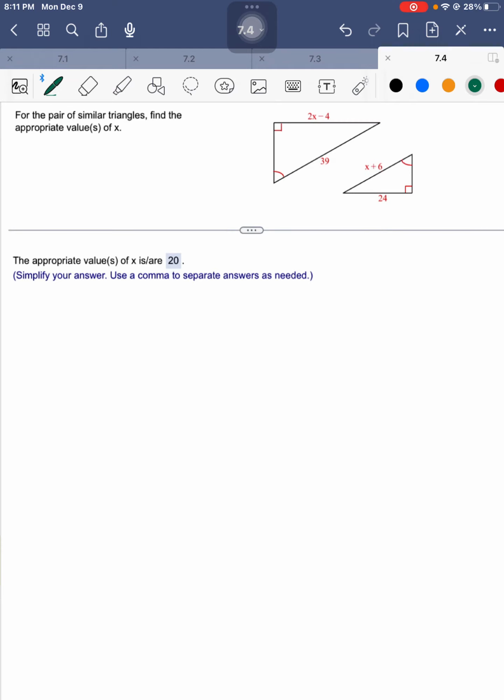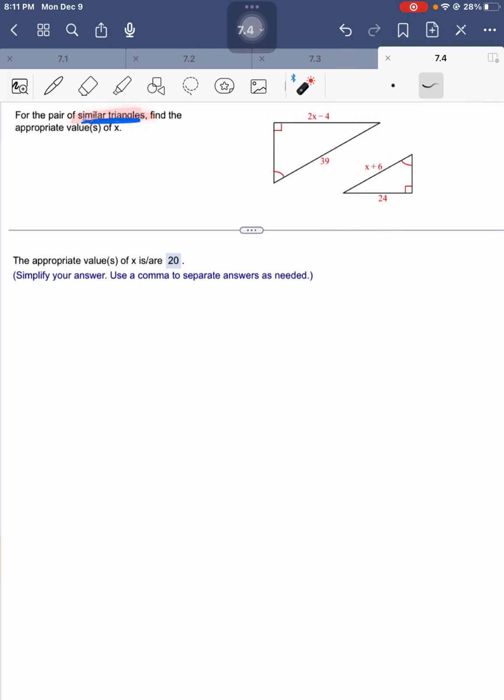Okay? Look at this one. For the pair of similar triangles, they're already telling me that my triangles are similar, and we've done questions like this in class already. So that means not only are the corresponding angles congruent, and look at that.